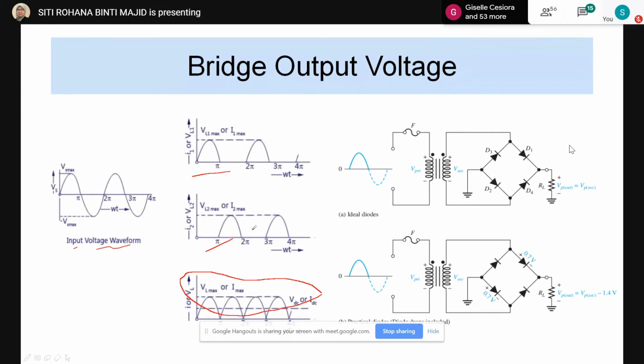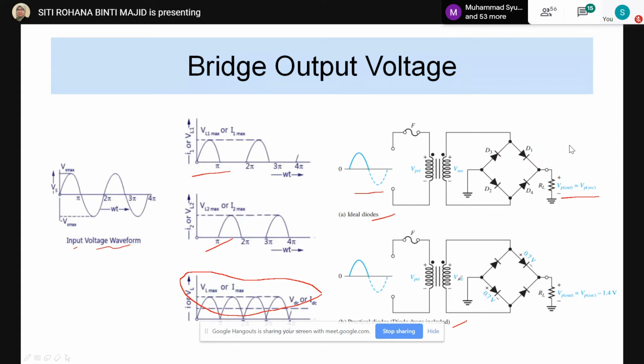Okay, so the next part is about the diode type that is used in the full wave bridge rectifier. There are two types of diode we can use. The first one is the ideal diode, and the second one is the practical diode. When we use an ideal diode, that means the input voltage will be exactly the same as the output voltage.